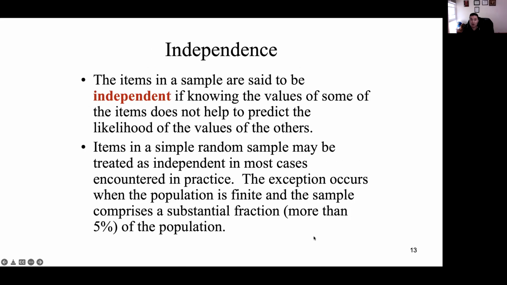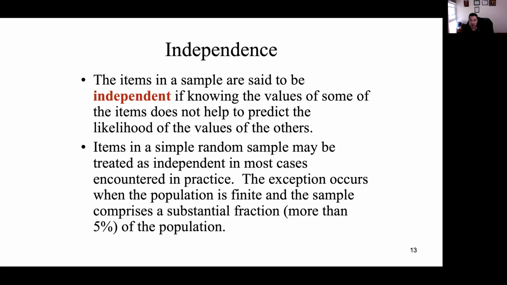All right. So another definition here is called independence. The items in a sample are said to be independent of each other if knowing the value of some of the items does not help predict the likelihood of the values of others. We'll give you an example in a moment. Items in a simple random sample may be treated as independent in most cases, but not always.